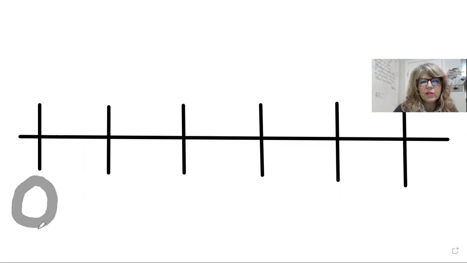Okay, what comes after 0? Remember, we are ordering our numbers. We're going in sequence. We want our numbers to go in order. So we start with 0 and we're going to move to the right. Anytime we move to the right, our numbers get bigger.